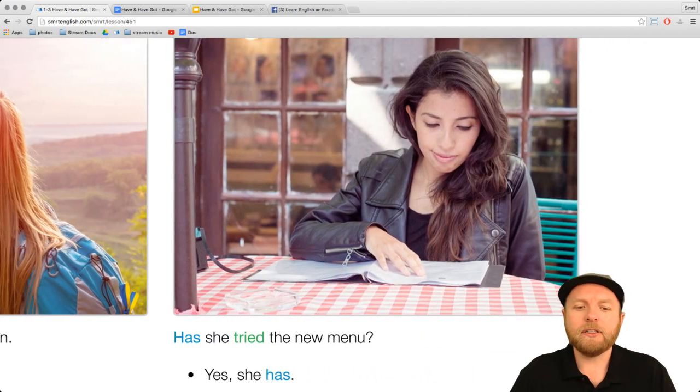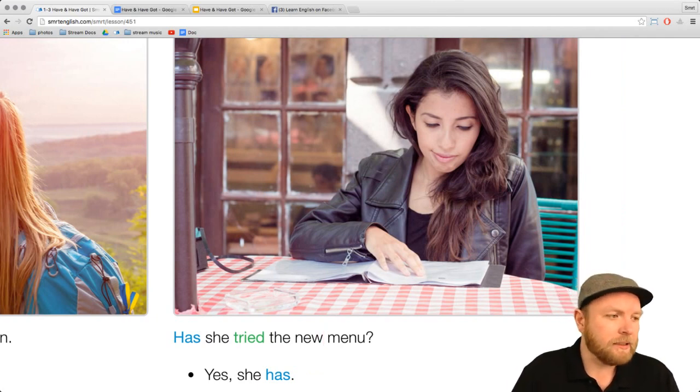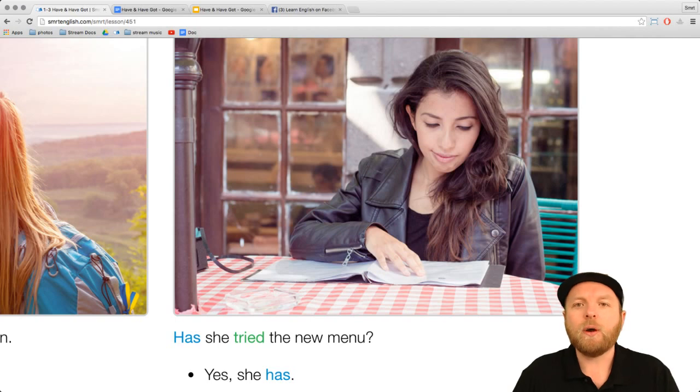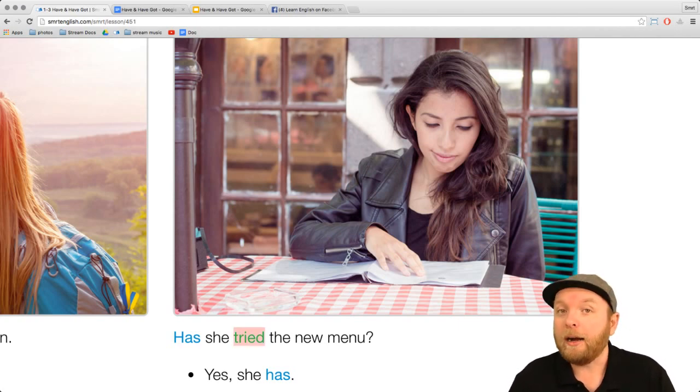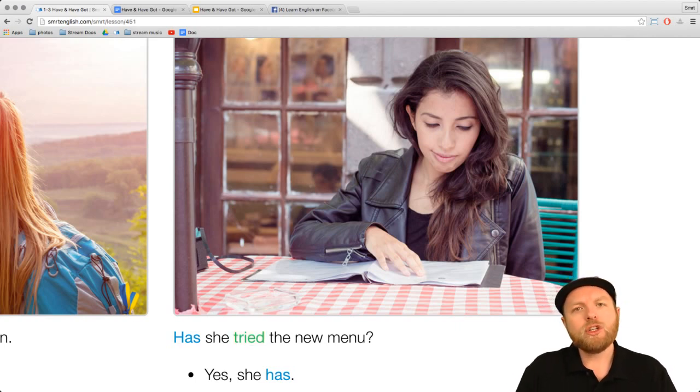Let's look at another example. Another present perfect sentence: Has she tried the new menu? What is the main verb of this sentence? Well, the main verb is tried. And we usually use helping verbs to start a question.